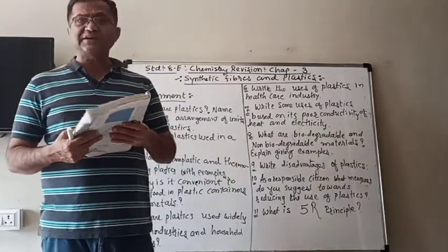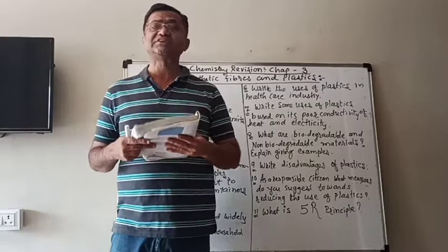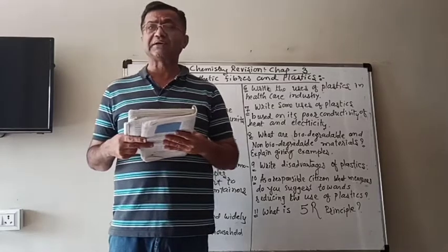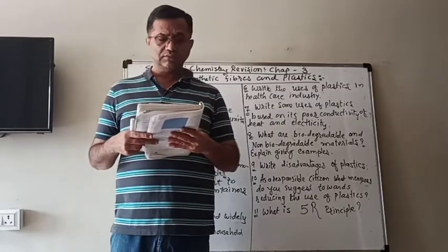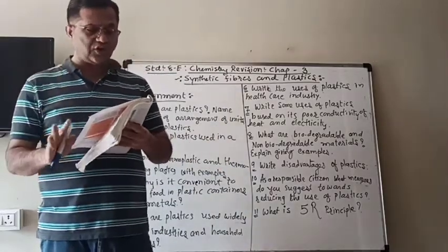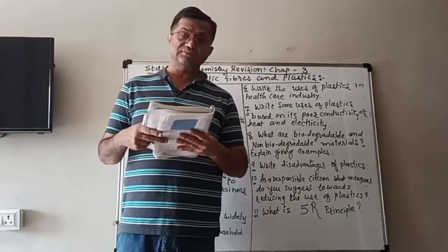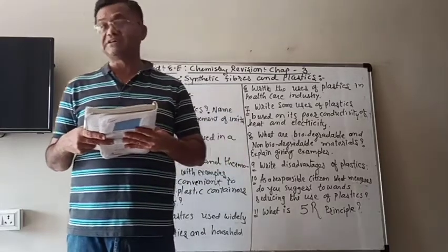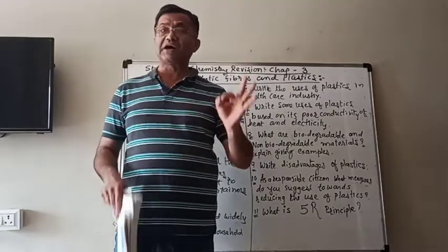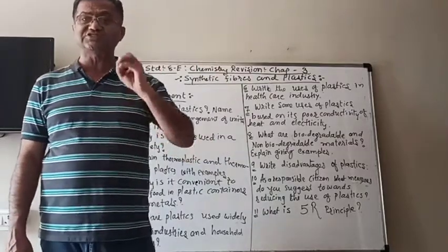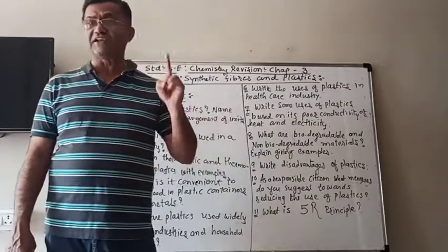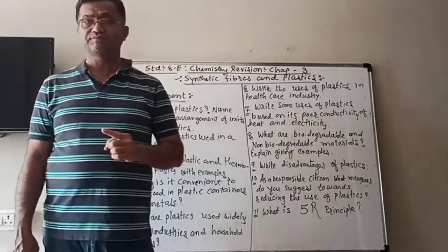But some plastics are heat resistant. It means that when you give heat, they do not get soft. They cannot bend. Once they are molded, then on heating they do not get soft. That type of plastic is known as thermosetting plastic. Once it is set, once it is already molded, then even if you give heat, it will not get soft.